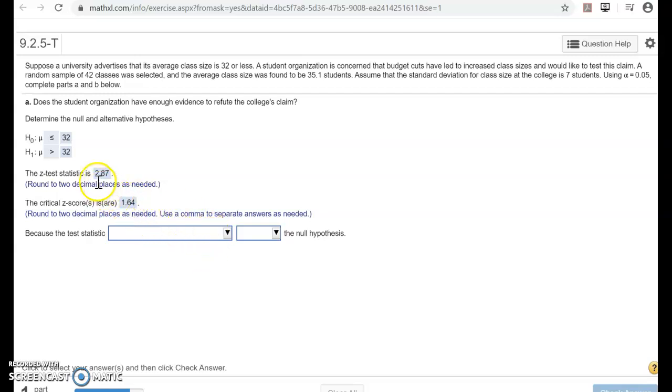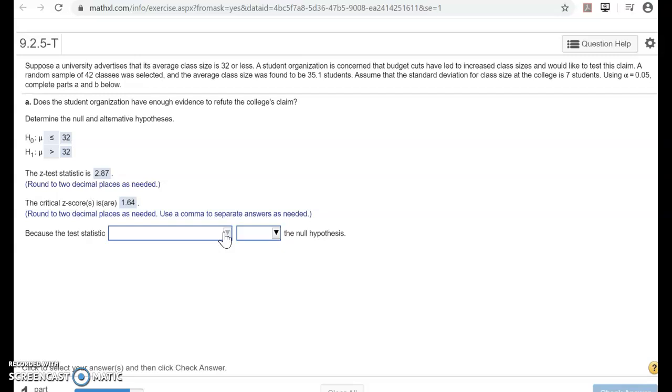So our test statistic is 2.87 and our critical z-score is 1.64. So the area, since we're doing this, I'll show you this real quick.